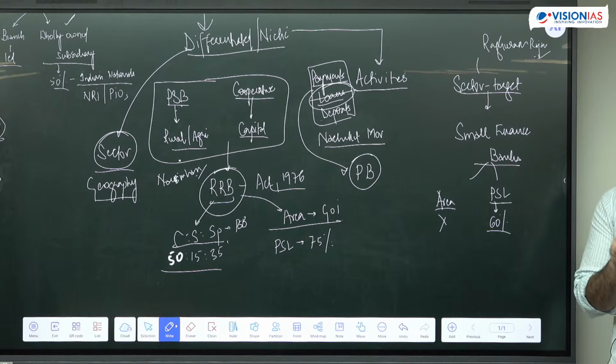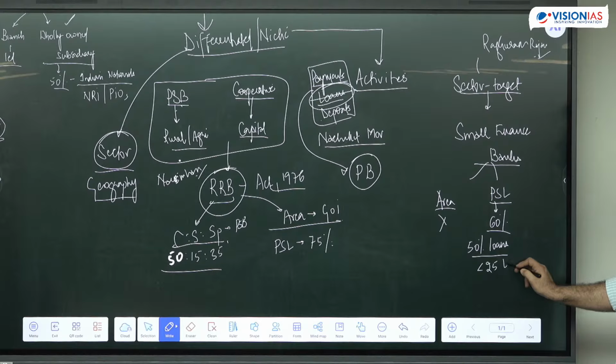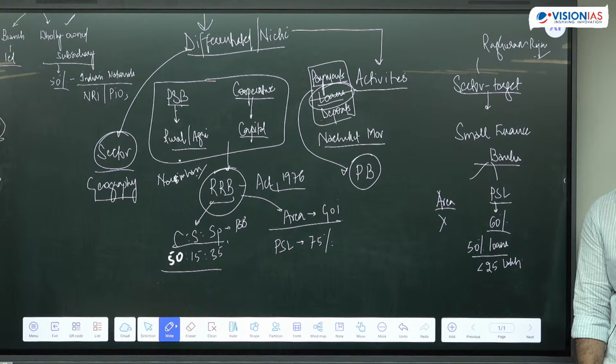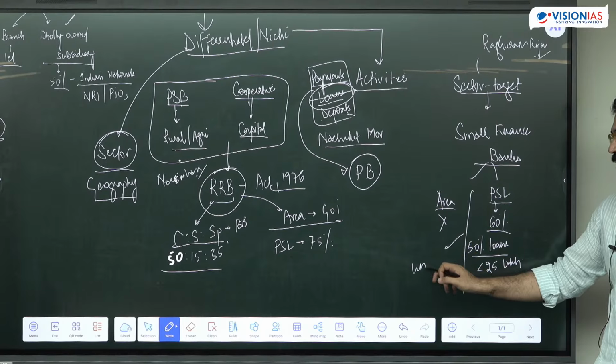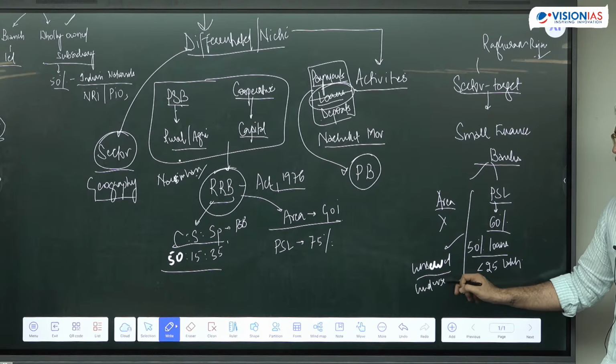Earlier it was not 60%, it was 75%. Second, they have said that 50% of their loans will be of amount less than 25 lakh rupees. 50% of the loan book is going to be smaller loans. This means I am going to target unserved and underserved sections of the society.